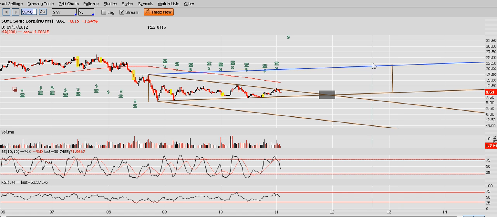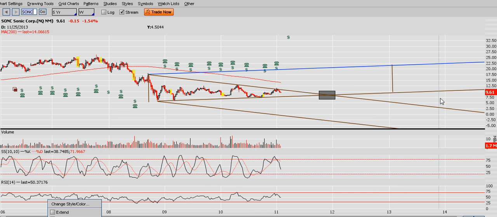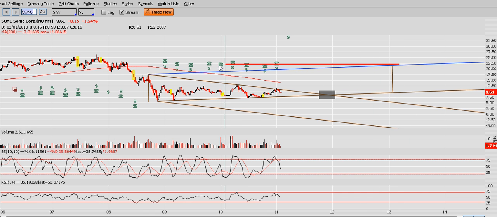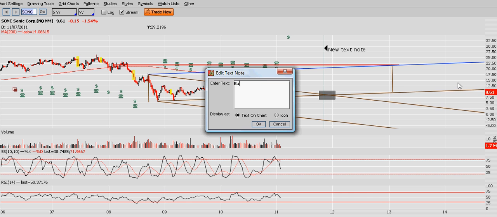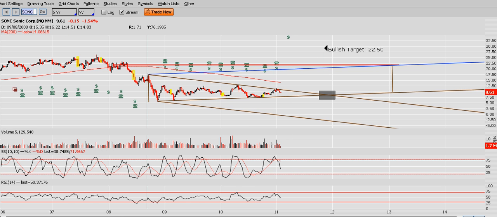Okay, right there. So our first projected target is about 2250, which also corresponds to close to a 52-week high or an all-time high. So bullish target 2250, and our time projection on that one, yeah, we're seriously doing long term here.